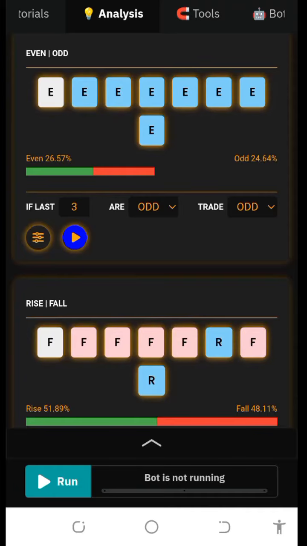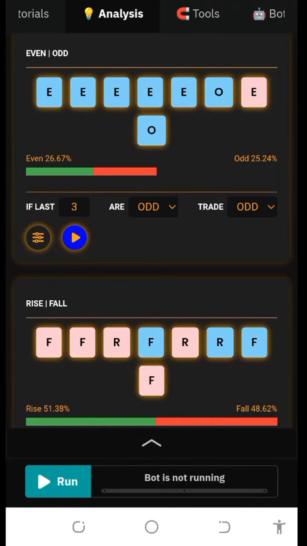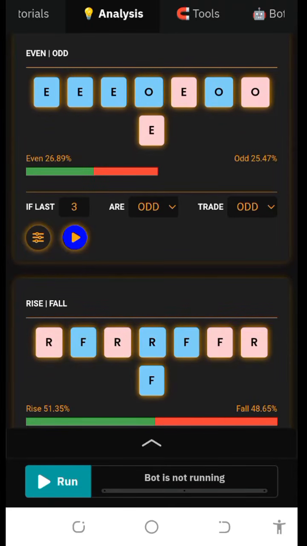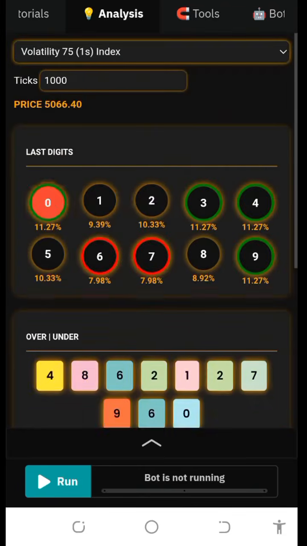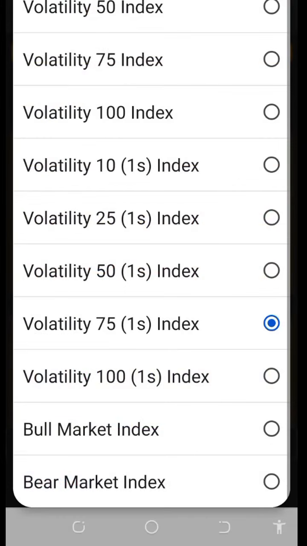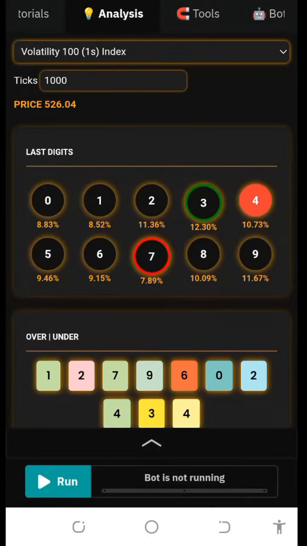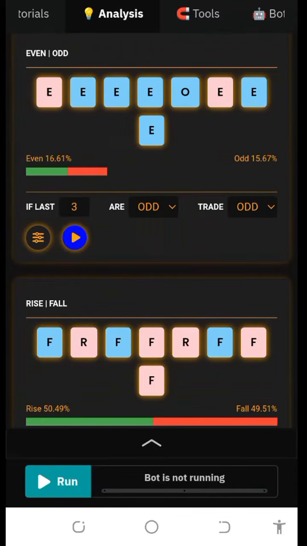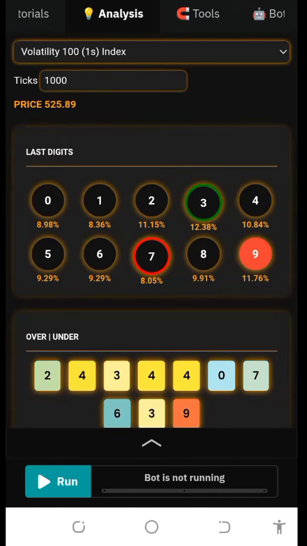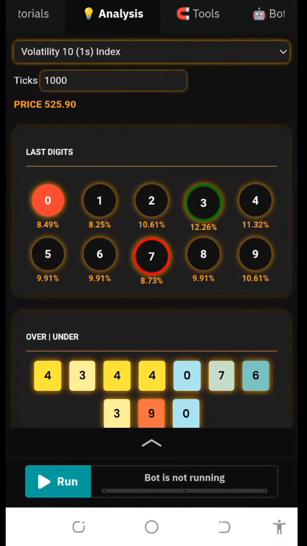It seems to have changed. Rise is at 51, 52, so it doesn't look very good here. You want to enter at 55 and above, and 60% is the best. So let's see another volatility.